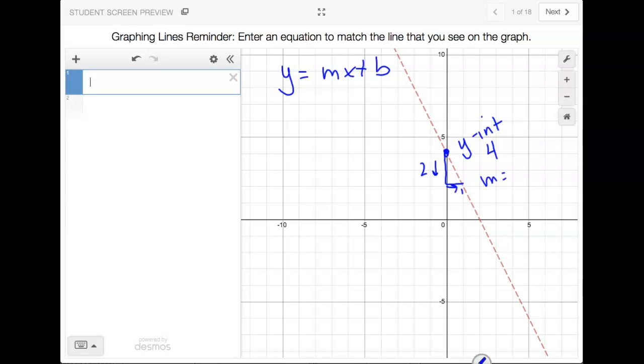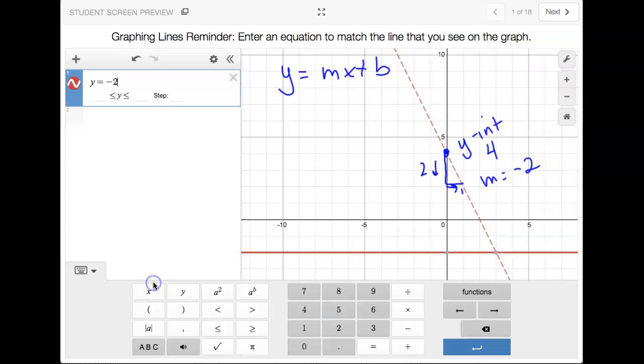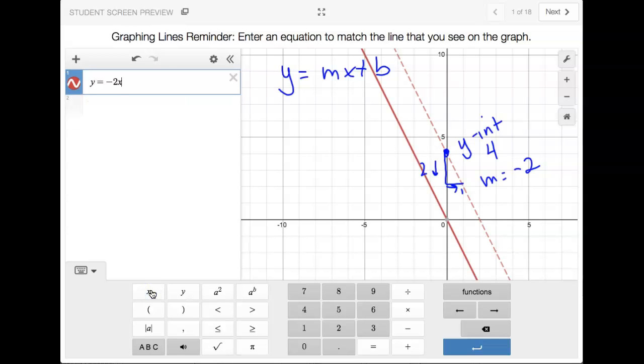So our slope would be -2. So the equation that we would want to type in, we can open our little keyboard here. We would type in y equals -2x plus 4.